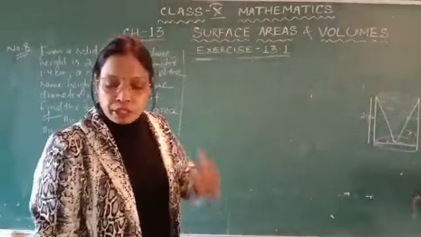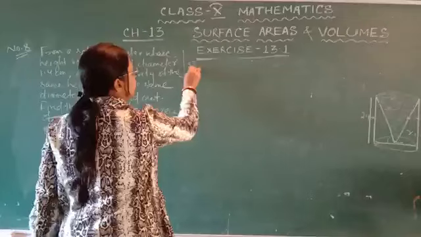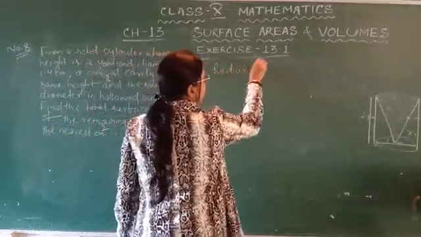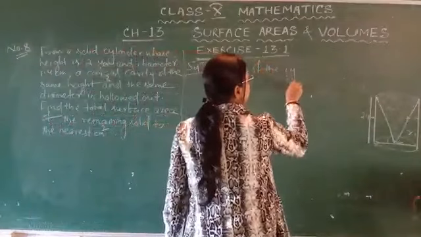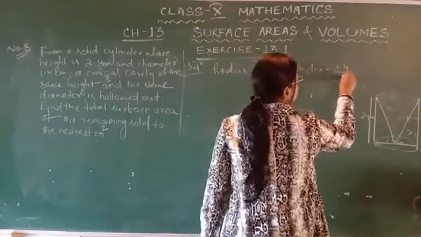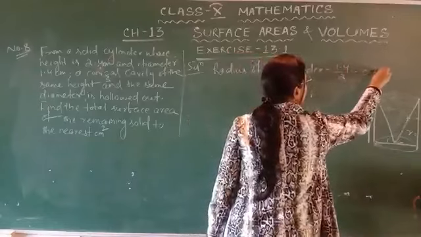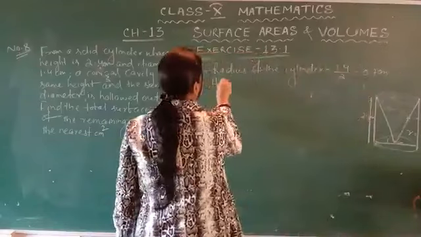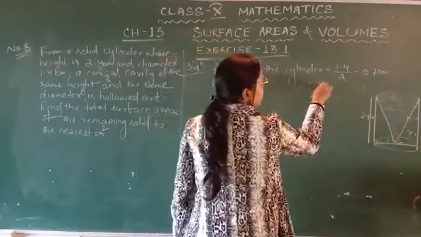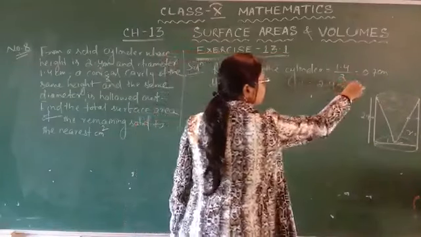So the radius of the cylinder is equal to 1.4 by 2, that is 0.7 centimeter. Height of the cylinder is equal to 2.4 centimeter.